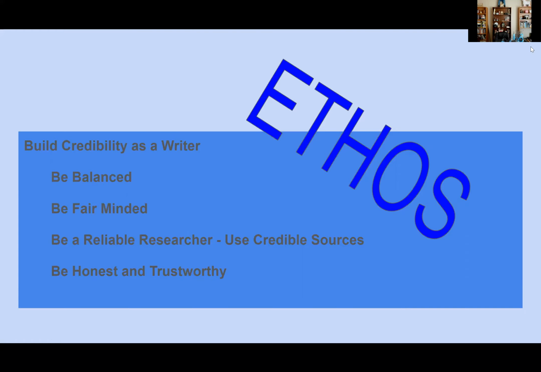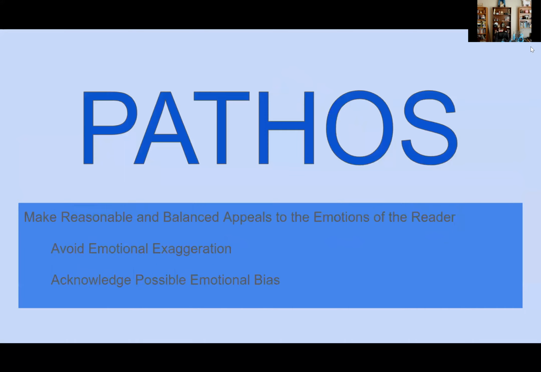It's not about how much you know at the onset of writing an essay, but how much you learn as you progress in writing the essay and doing the research. So when you're doing that research and writing out your ideas, it is important to establish credibility by being balanced, fair-minded, and reliable.